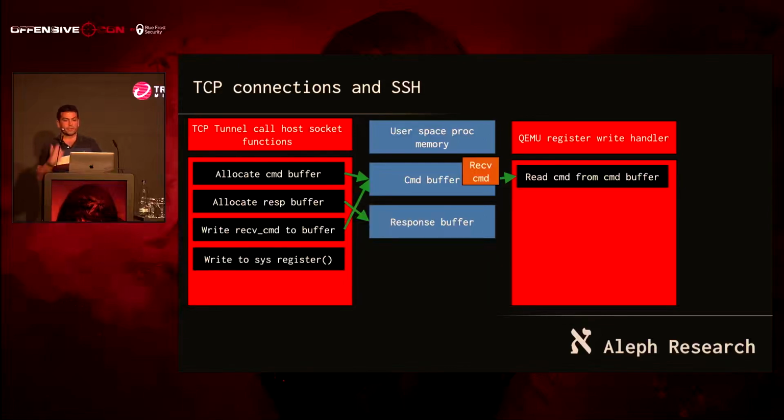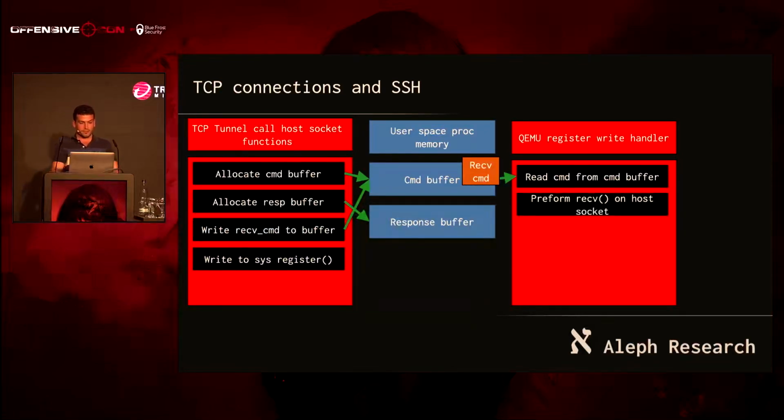Now, the QEMU host has direct read-write memory access to the currently mapped virtual memory map. So this makes reading from the guest user mode process very simple, even though we're now in the context of the QEMU host user mode process. We can just read directly from the guest process memory.